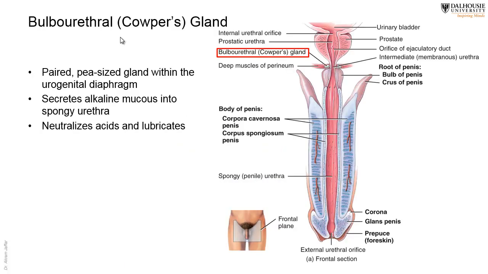The other glands here are the bulbourethral glands. These are very small glands, about pea size, and they are located in the floor of the pelvis, in what we call the urogenital diaphragm, where the sphincter muscle of the urethra is located. Their ducts open into the urethra, not the prostatic urethra, but the penile urethra.